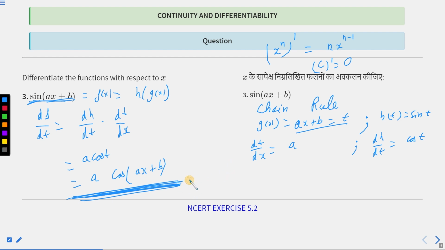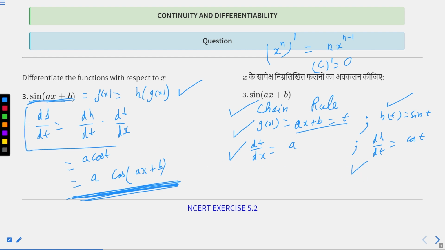Okay, I hope it is very clear what is happening. Each time we use the chain rule, we define our function in composition form, substitute g(x) as t, then find h of t, then find dt by dx, then find dh by dt.